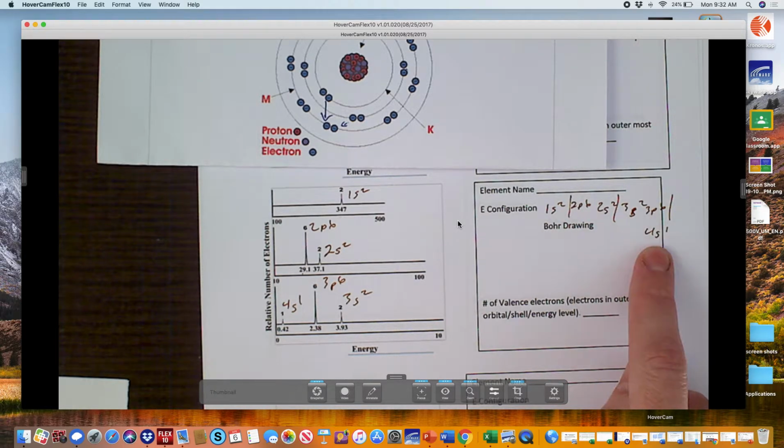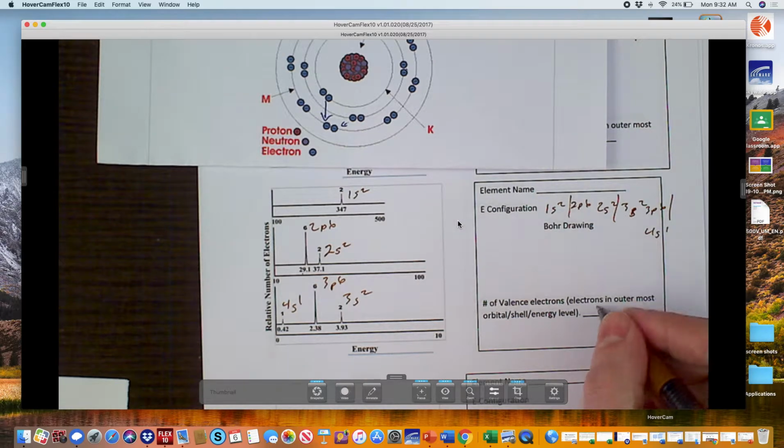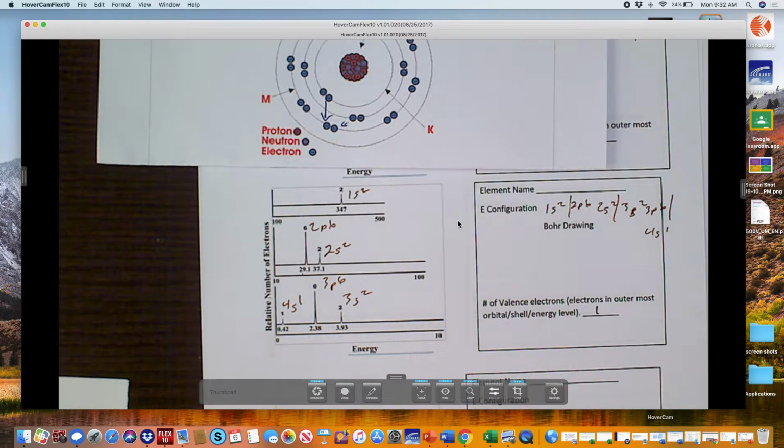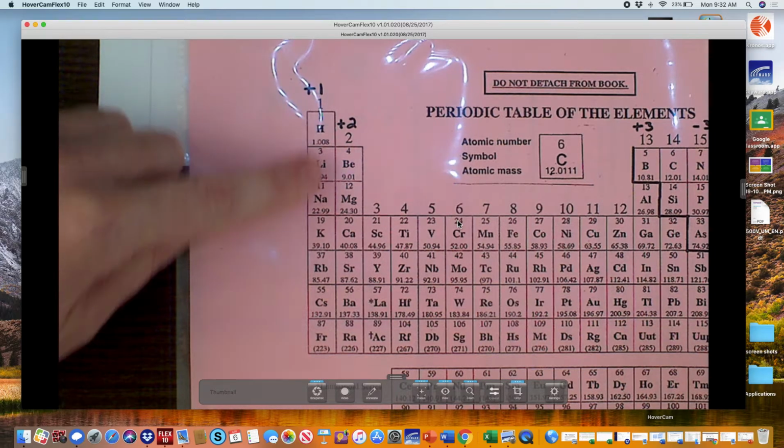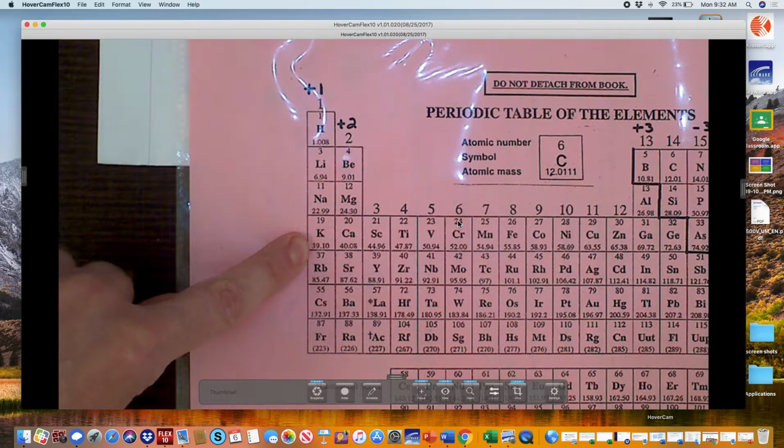And why not just take this and put this down here? This is my valence electron. Now, I want to show you something with this. This is a nice little thing. 4s1, who has 1 valence electron in the 4th energy level or 4th period? 1, 2, 3, 4. This is potassium.